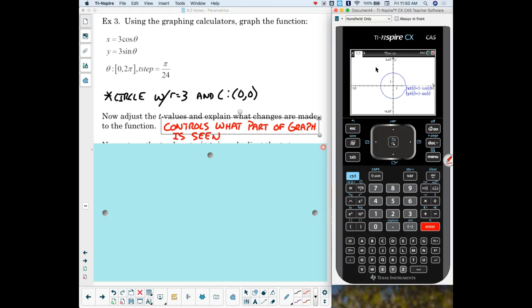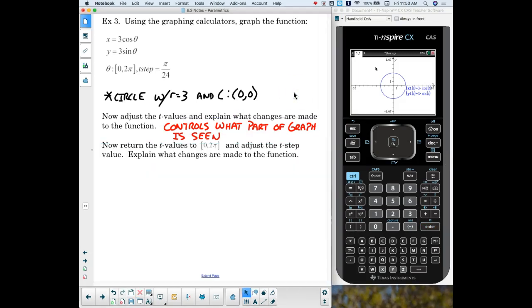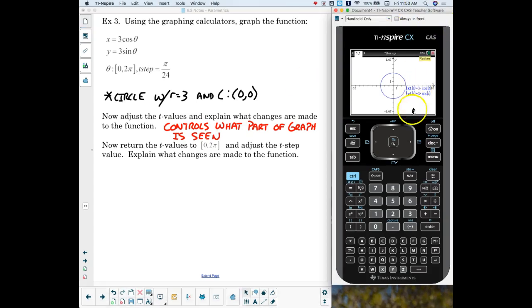So I'm back to 0 to 2 pi, and now I want to adjust the t-step value on our graph. Right now, we have a t-step at 0.5. What if I adjusted it to a t-step of 2?